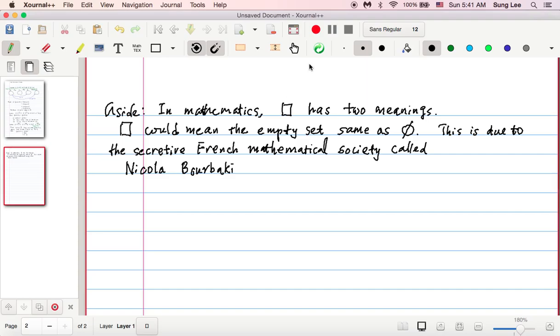The French group of mathematicians. I said society, actually, which is wrong. This is more of a group.